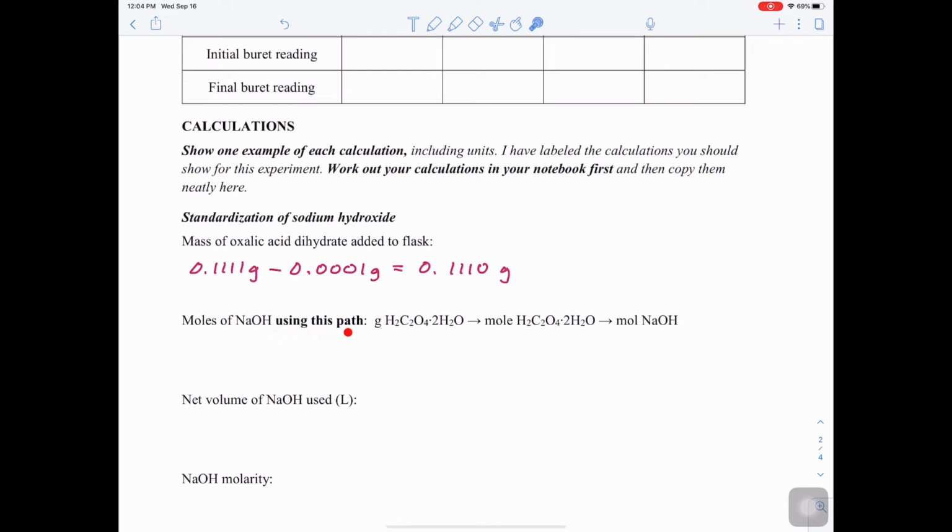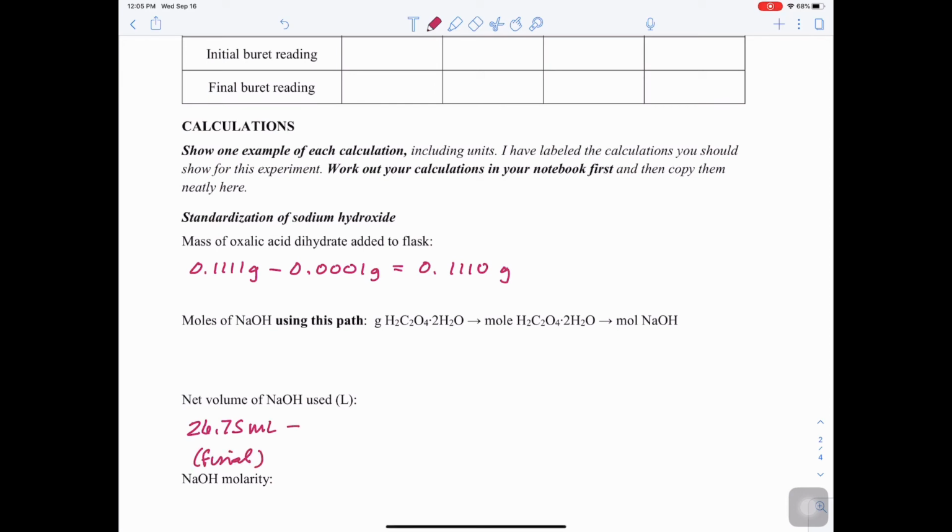And I'm going to be a tyrant here and say you have to do it this way. Use dimensional analysis, grams of the acid dihydrate to moles of the acid to moles of sodium hydroxide. Show that calculation here. The net volume of sodium hydroxide in liters. So in my example, we had 26.75 milliliters. That was the final reading.